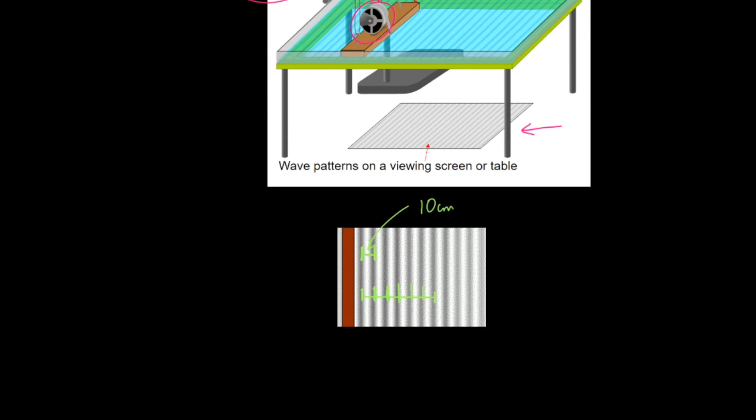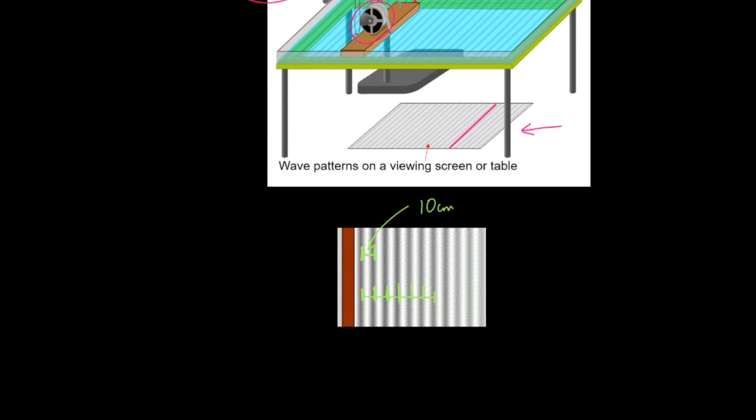How do I go about assessing frequency? Well, what you can do is get a bit of paper or something and put it underneath the ripple tank, like so, and maybe draw a line on it, like that. And then you can count how many waves go past that point in 1 second.